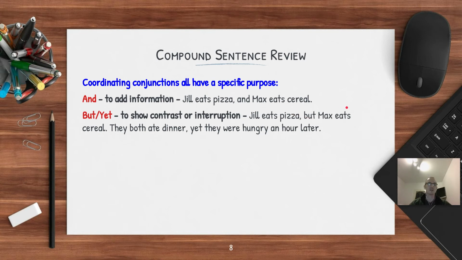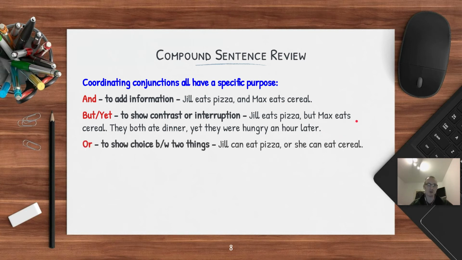Now all of a sudden there's a judgment call in there, right? Like, so why is it that Jill gets to eat pizza, but Max is kind of stuck eating cereal? Or why is it that they both ate dinner, yet they were hungry an hour later, right? That's showing an interruption, or a contrast to what would normally be the case, right? Normally you would feel full, and yet here they are an hour later and they're hungry again.